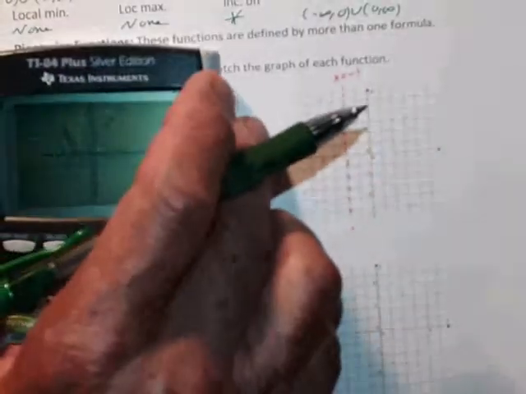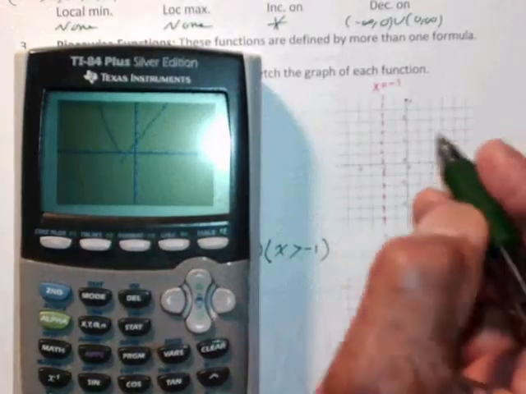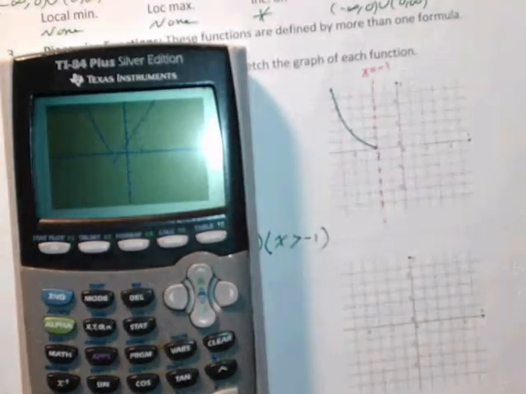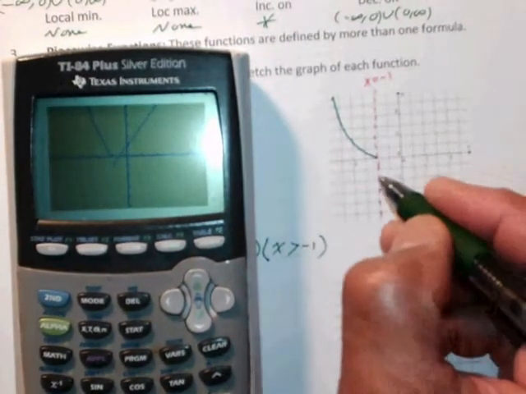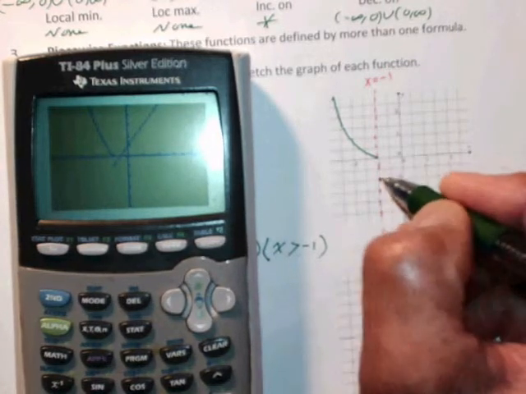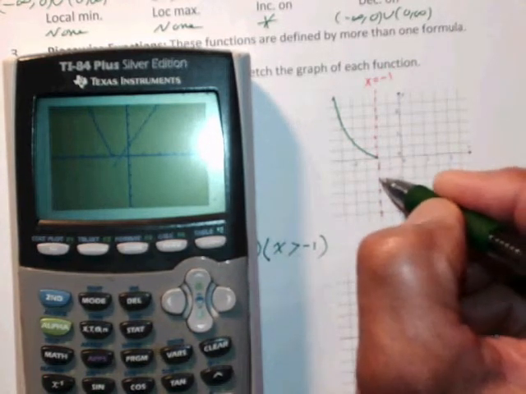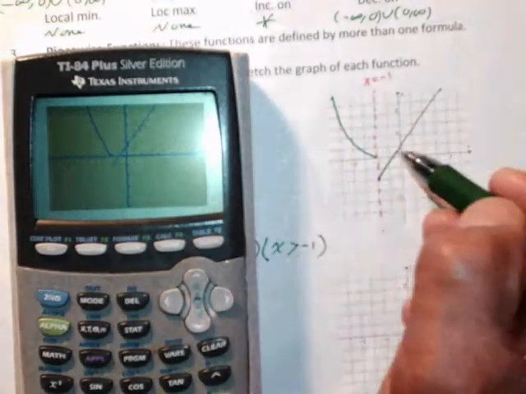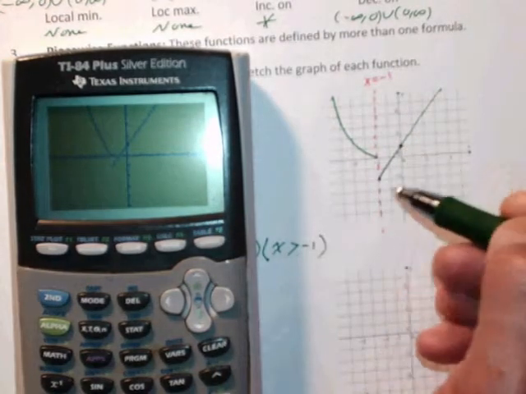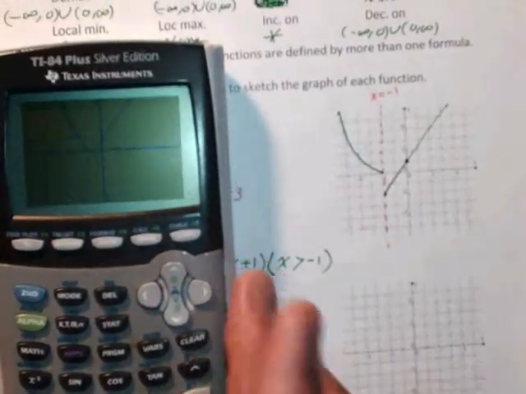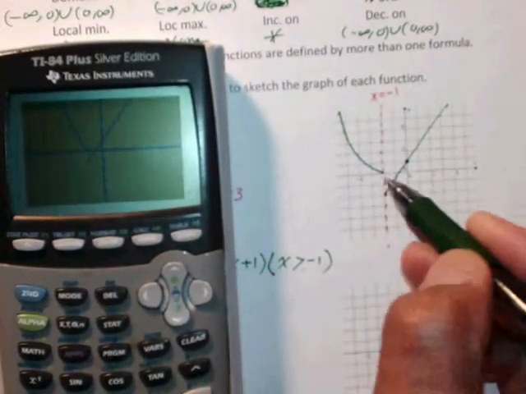If I do it on my paper, you get one graph like this on the left, and then starting right here, you get another line like that. Of course, it goes through point 1 there, like here. So this is a graph with two pieces, and these two pieces are not connected.